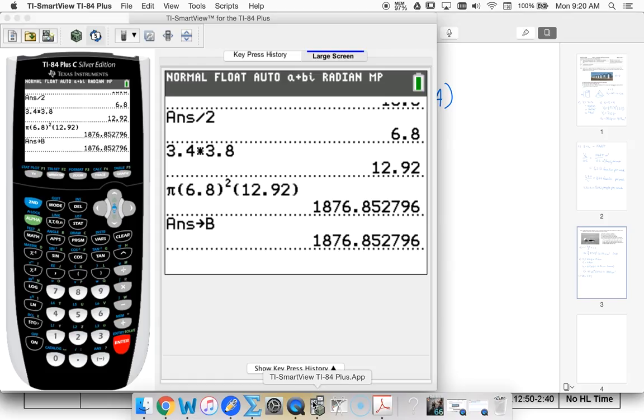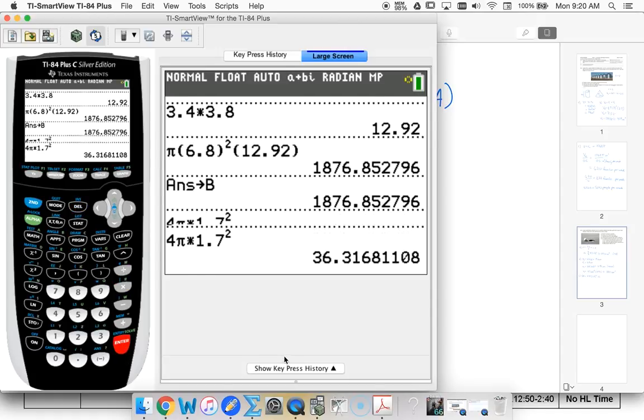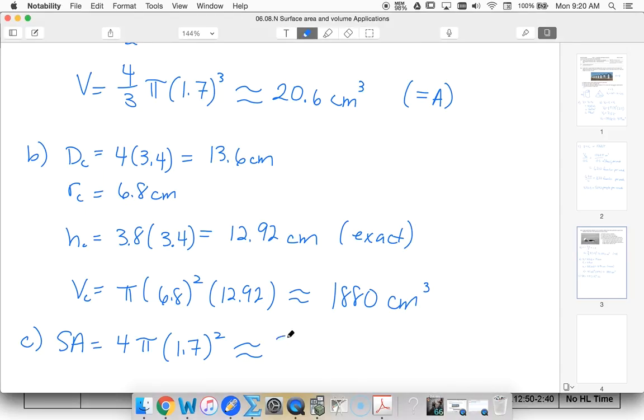And again, I'll give the approximate value for this. 4 pi 1.7 squared. And I want to make sure that I'm only squaring the 1.7, so I'm going to insert a multiplication sign there. All right, so we get 36.3 centimeters squared. Now we're talking about area, so here's my centimeters squared.